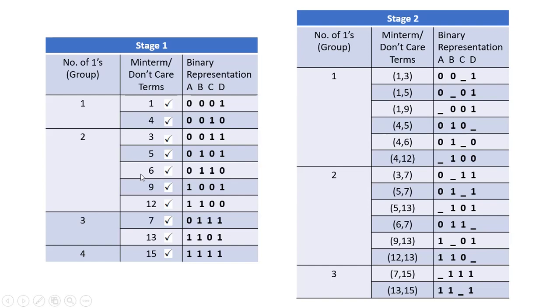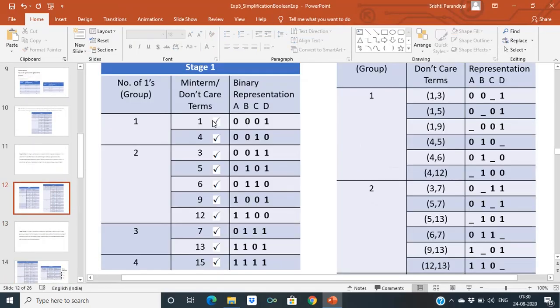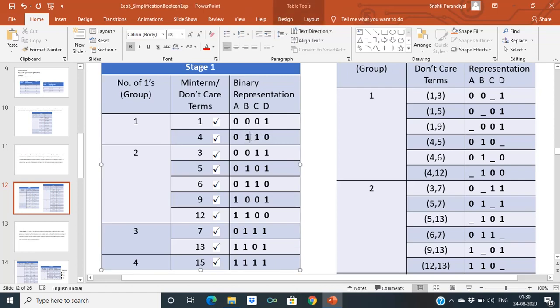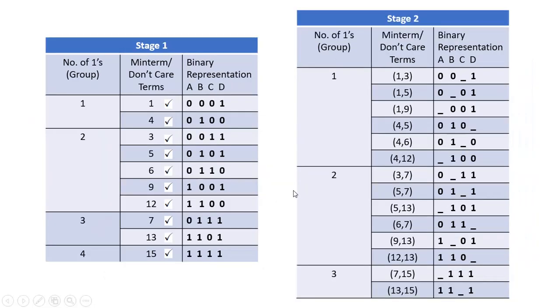Then 4, 5. I have made a mistake here. 4 will be 1 0 0. So we can see 4 and 5, here is a 1 bit difference, 0 1, so 1 0 dash, and we have eliminated this D variable.